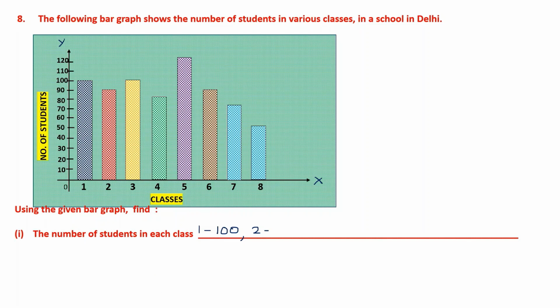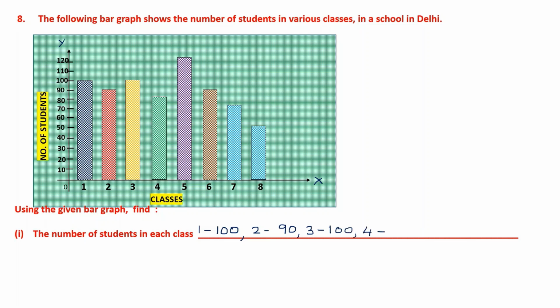You will see that there are 90 students. So that is for class 2. Now class 3. Again follow your bar, go to the topmost portion in line with the y-axis, and that shows that there are 100 children in class 3.